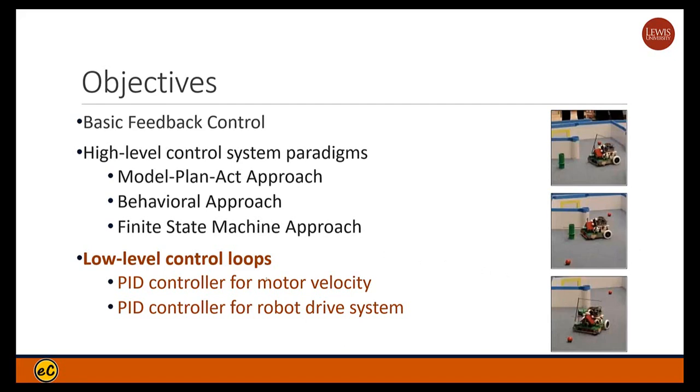We would design the PID controller in an analog approach or a digital approach. In the next talk, we are going to talk about the high-level system controller. That's another level.